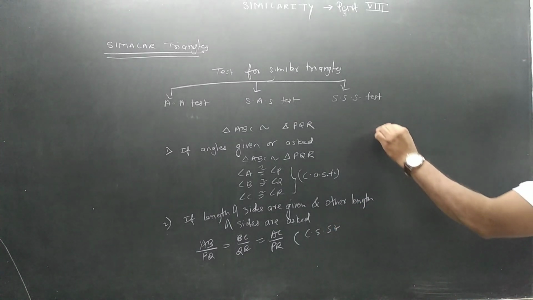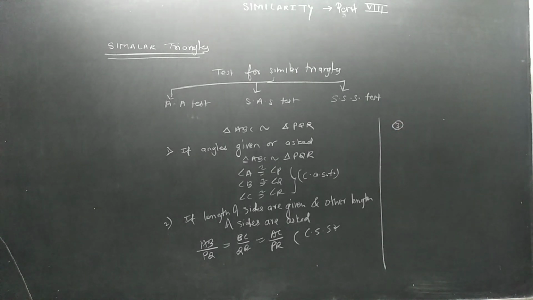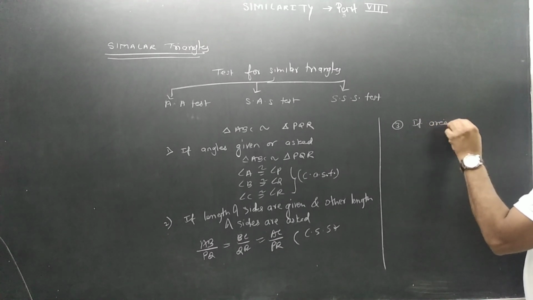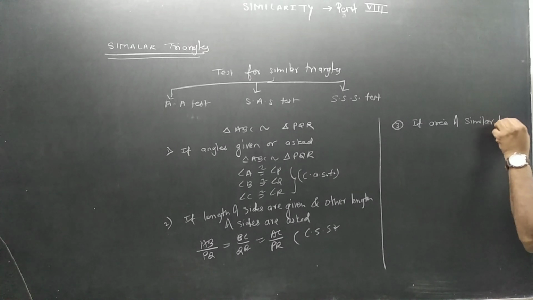Now, the third possible question for similar triangles is, if the area of similar triangles is given.